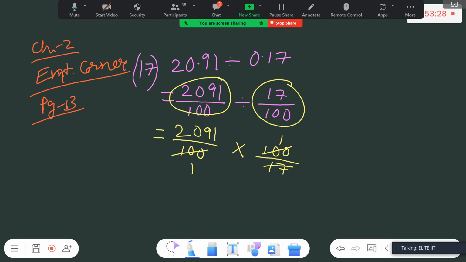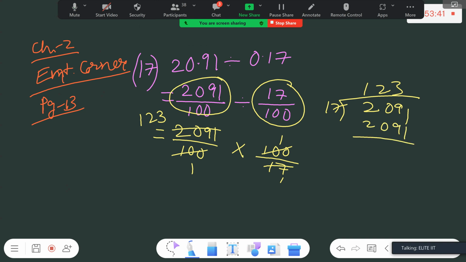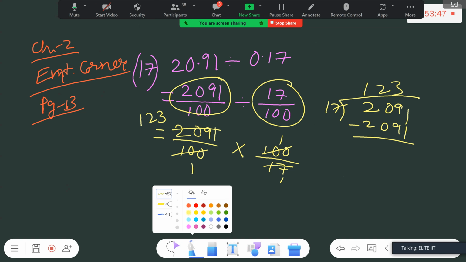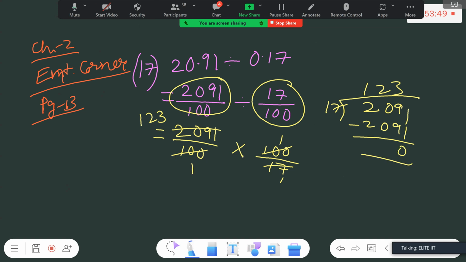And we can also cancel this 17 below with this 2091, because if you divide 2091 by 17, you will get 123. So this is equal to 123. Clear? Everyone?